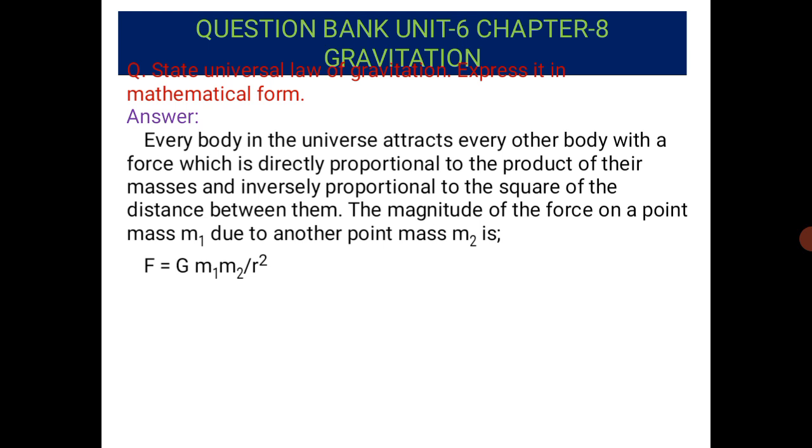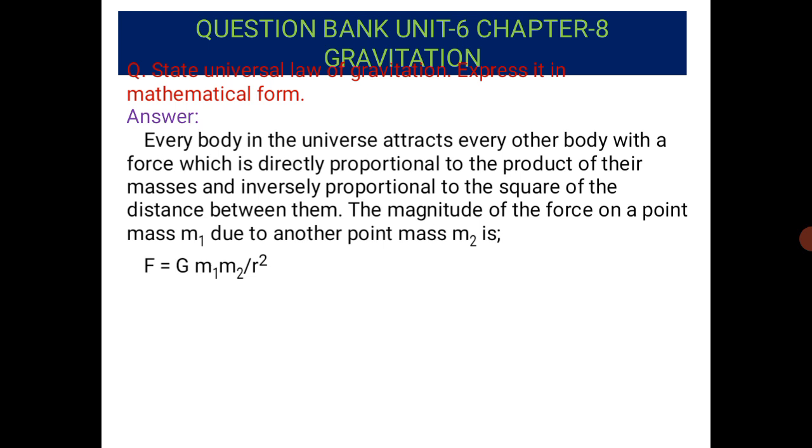The magnitude of the force on a point mass m1 due to another point mass m2: if there are two masses m1 and m2, let r be the separation between these two point masses. Point masses means the size of the massive object is very small as compared to the distance.